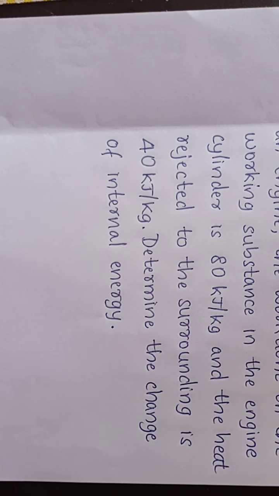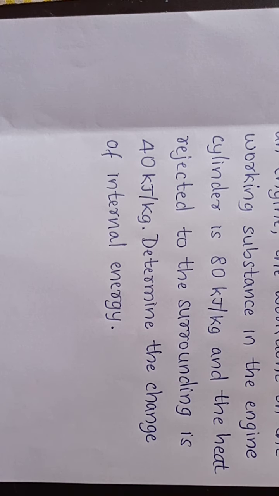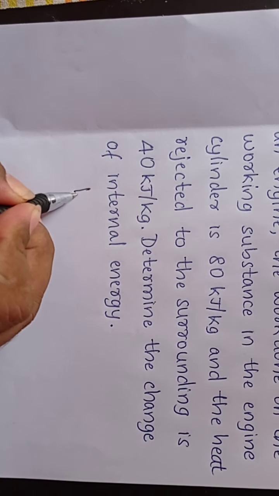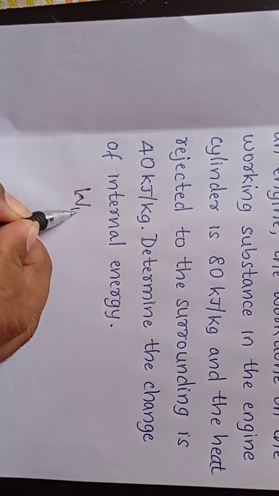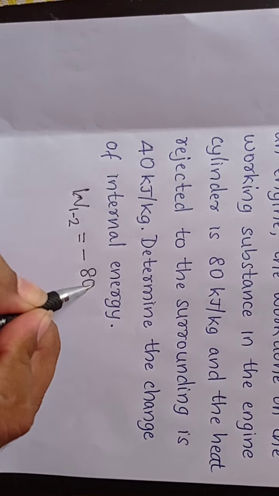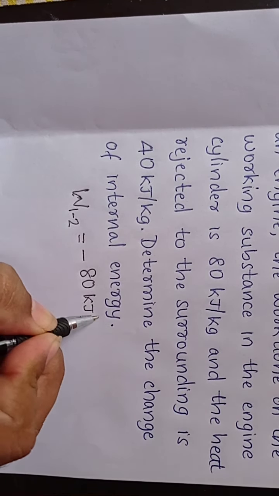So work done by the substance, he has given, what is the work done on the substance. So work done on the system is always negative. So work done is minus 80 kilojoules per kg.